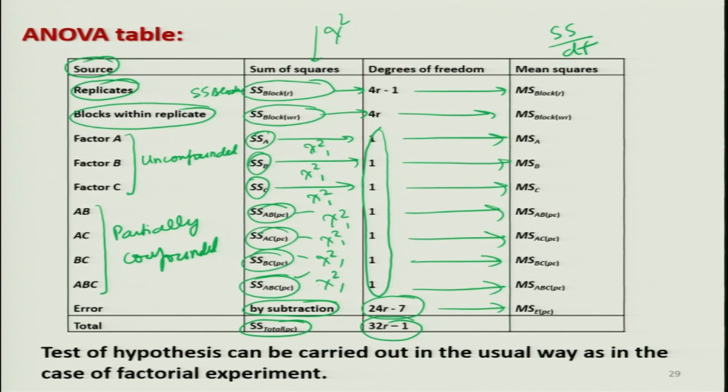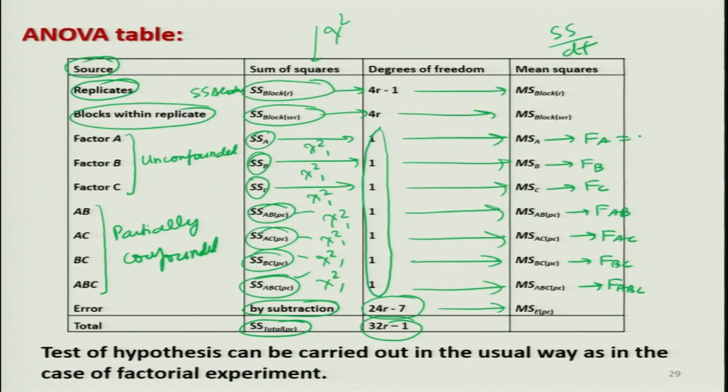So, we can create an F statistic by taking the respective chi-square variable divided by its degrees of freedom, and based on that you will have F statistics for factor A as FA, for B as FB, for C as FC, for AB as FAB, for AC as FAC, for BC as FBC, and for ABC as FABC, right.